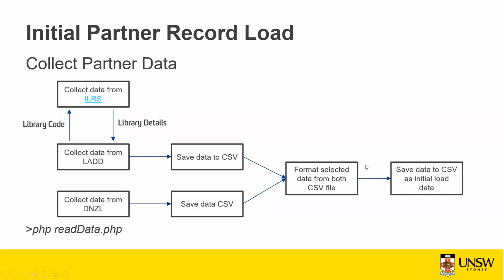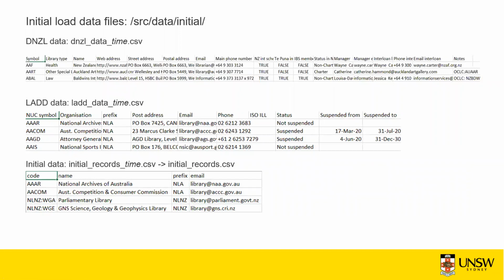Then we can look at our data files. This one is for the New Zealand library data, and the data is saved into this data file. It starts with dndl underscore data underscore, followed by the time the script was run.